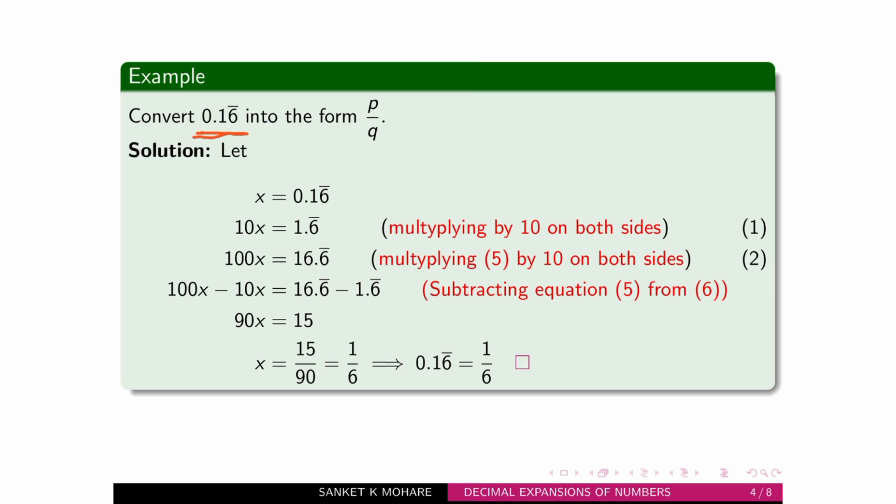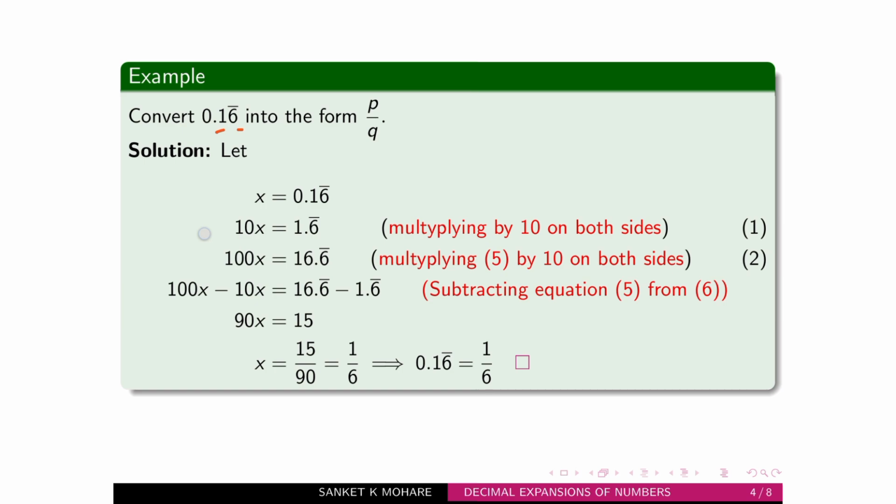So according to the first step, we are assuming x as 0.16 bar. Now here one digit is repeated and one digit is non-repeated. So we have to multiply x equal to 0.16 bar by 10. So we get 10x is equal to 1.6 bar. We'll call this equation 1.